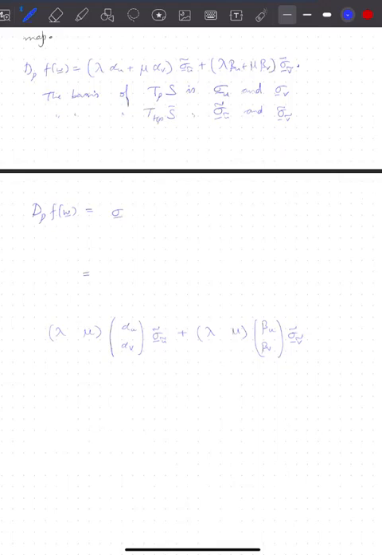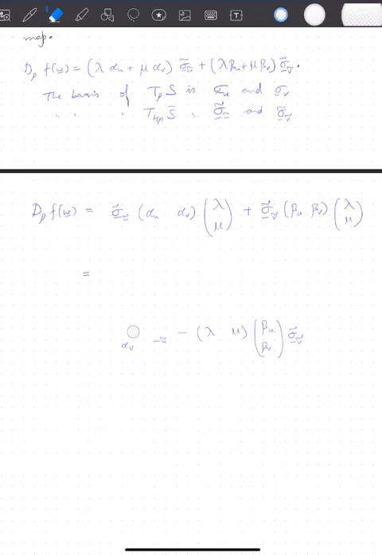So we can just write it as sigma tilde u tilde of (alpha_u, alpha_v), plus sigma tilde v tilde of (beta_u, beta_v), and then lambda, mu. So that's saying that we have lambda, mu as an input parameter to this mapping, isn't it?